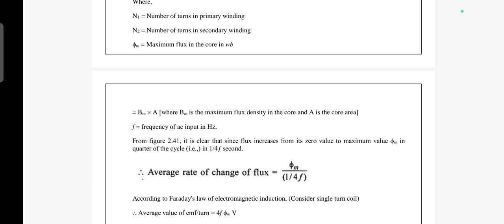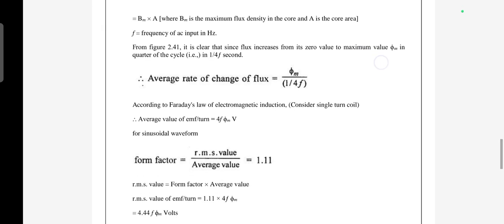From the figure we can state that the average rate of change of flux is phi m divided by 1 by 4F. According to Faraday's law of electromagnetic induction, the average value of EMF per turn is equal to 4F phi m volts.